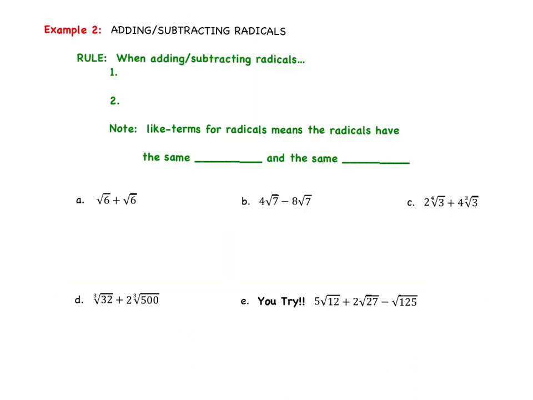Next thing we need to talk about is operations with radicals, so adding or subtracting radicals. We can see our rules up above. So we have 2 rules. When adding or subtracting radicals, first thing you are going to do is simplify each radical.